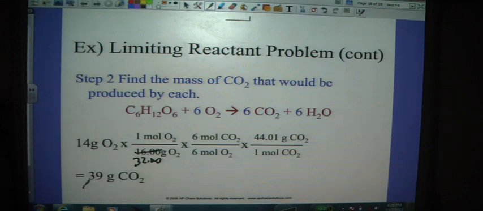All right, we got 14 times 1 times 6 times 44.01 divided by 32 divided by 6 divided by 1. And I got 19.25, so we'll call it 19 based on sig figs.